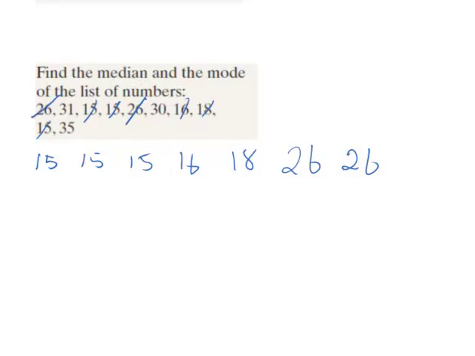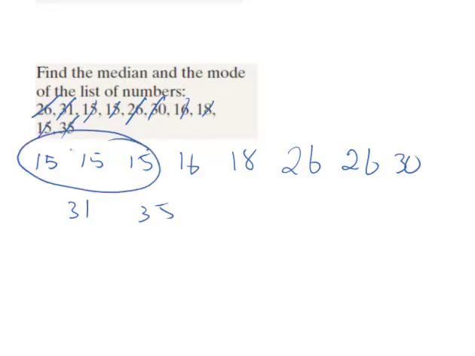So this one here and that one there. We also have a 30 and a 31 and a 35. Okay, so from here it's easy for me to see that my mode is 15. So I'm going to go ahead and just write that down. My mode is 15.